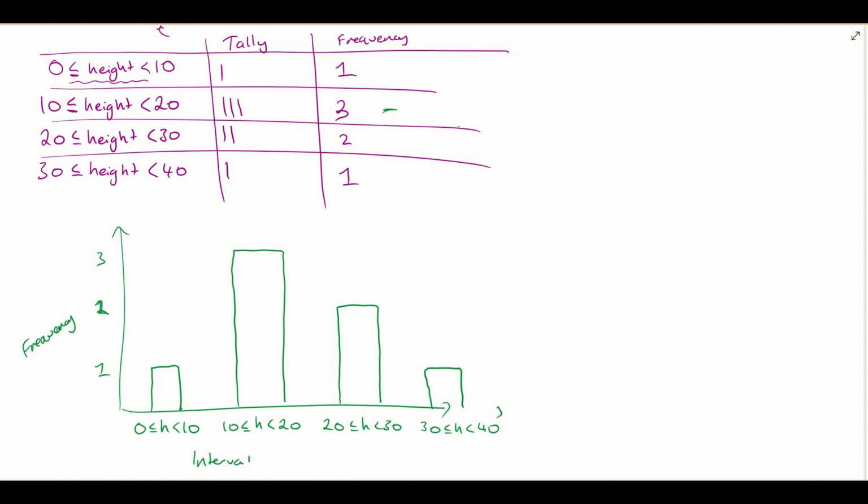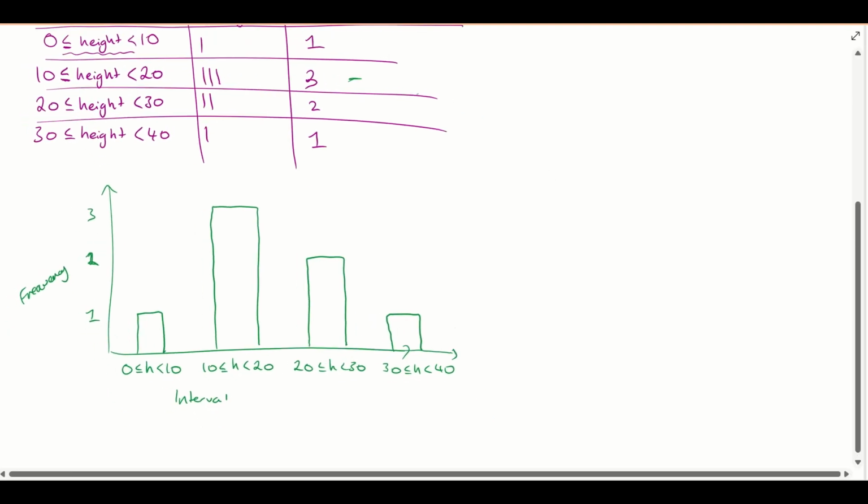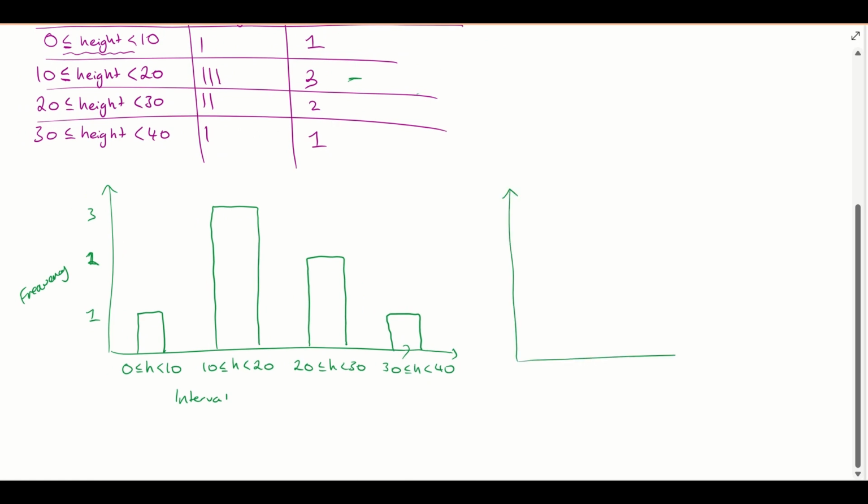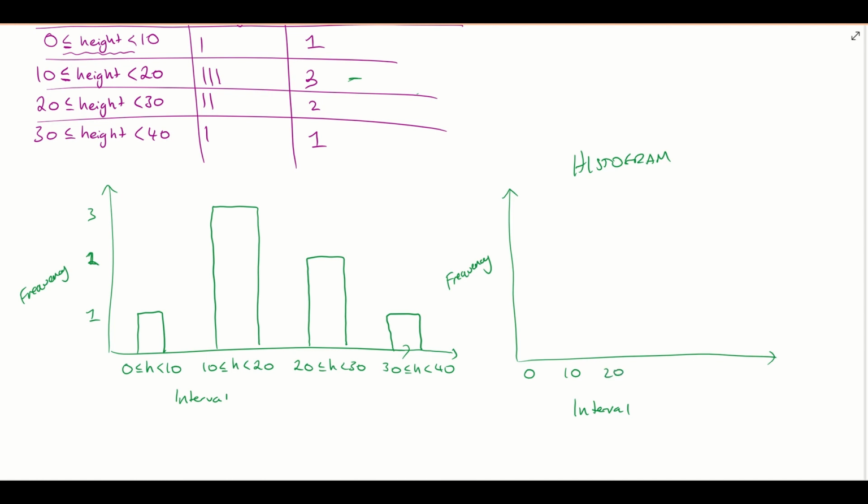But why do it like this if we can just put it all along one continuum? Rather than having gaps between our columns, let's do it as what we call a histogram, where we have just one continuum. So we go from 0, 10, 20, 30, and 40.